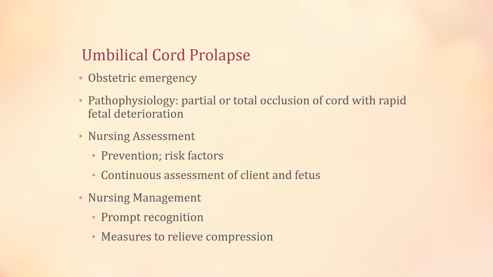This would be on page 758 of your book, and there's a couple of pictures at the bottom that help you see what a cord prolapse is. There's one within the uterus or one that the cord is visible. Sometimes this occurs whenever there is an abrupt rupture of the membranes and the cord falls through.